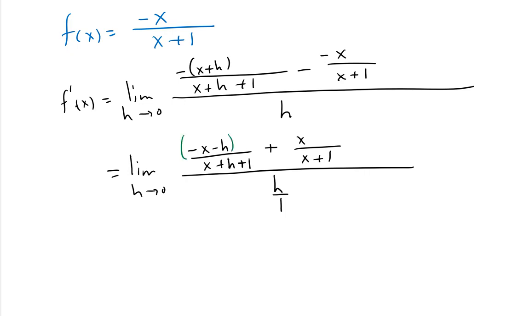So we multiply this by x plus 1 times x plus h plus 1. We do the same thing for the next fraction, x plus 1, x plus h plus 1. Same thing for the denominator.